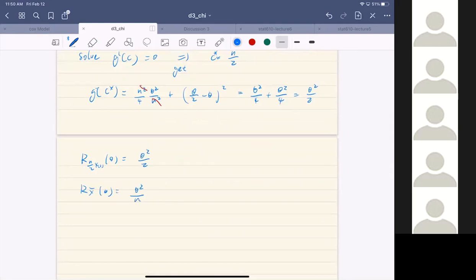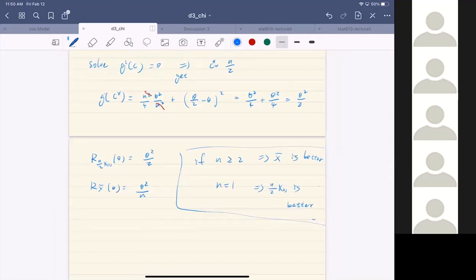So we can say if n is greater than 2, S bar is better. But if n equals 1, this one is better. So this is the conclusion. Does it make sense?